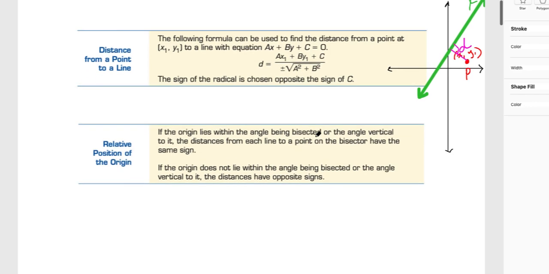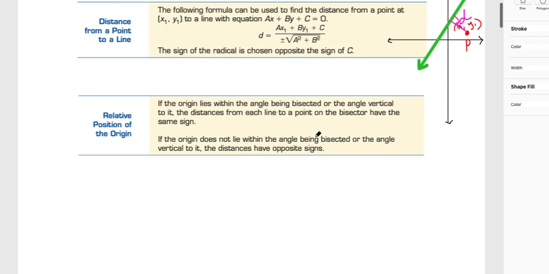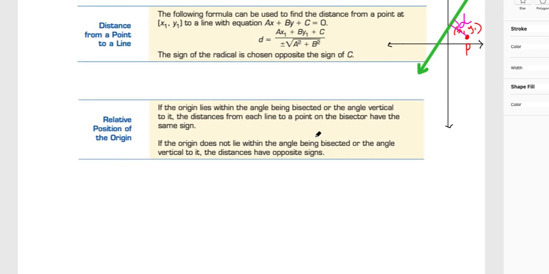Now what this particular rule is giving us information about is a little different. This says, if we are trying to find the equation of the bisector of some angles, and you have two lines that intersect and form two angles, two vertical angles, or what have you.